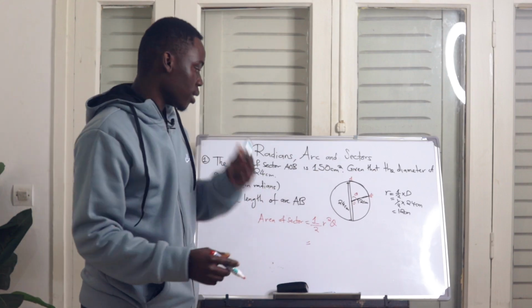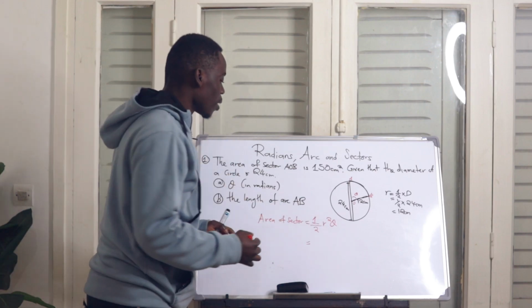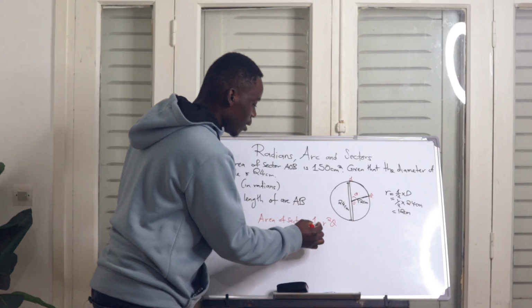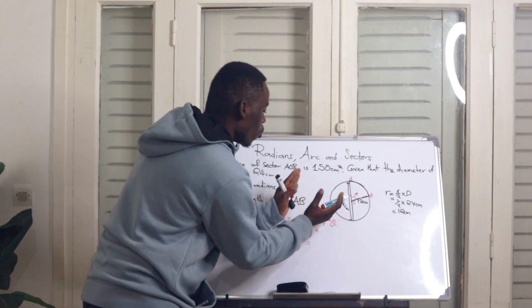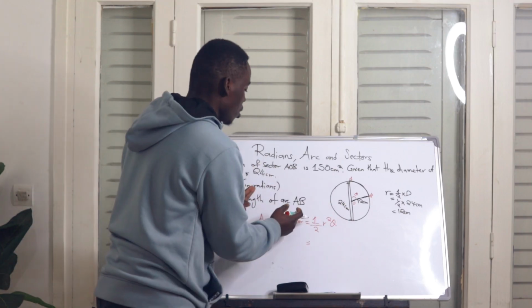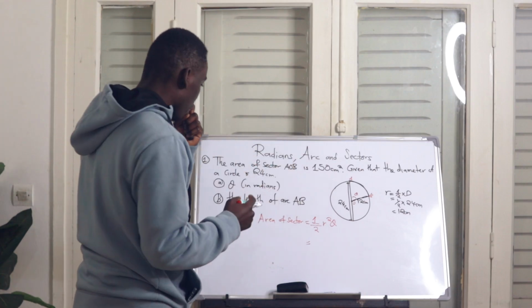So what I'm going to do is make theta the subject of the formula. How do we do that? I'm going to cross multiply and say 2 times the area of a sector.